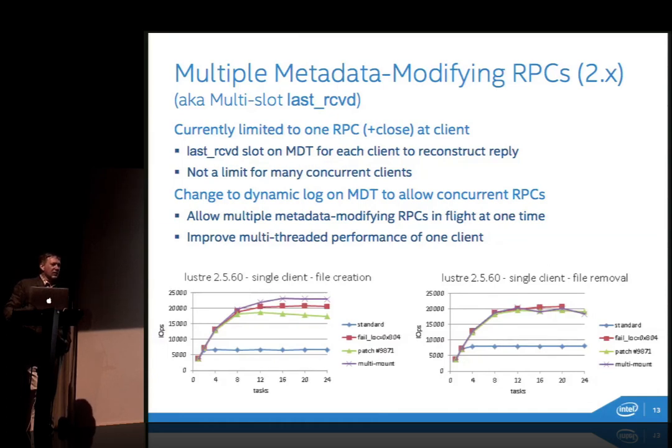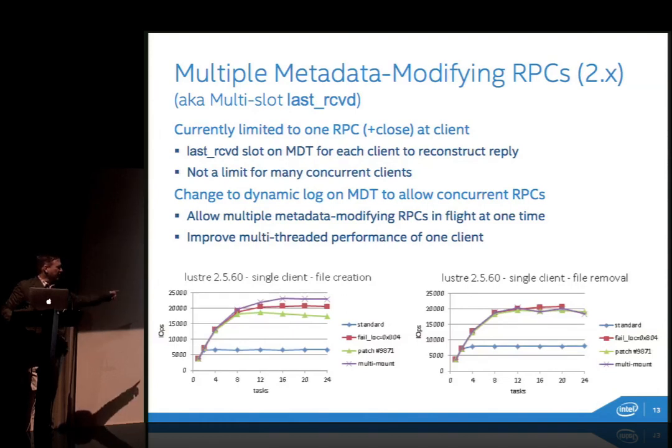It was described earlier today that there is an architectural limitation of Lustre with having multiple metadata RPCs, due to recovery. This work, which is in an early prototype, is allowing one client to have many RPCs in flight and still be recoverable.